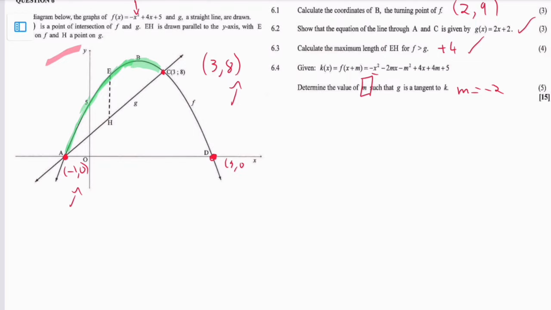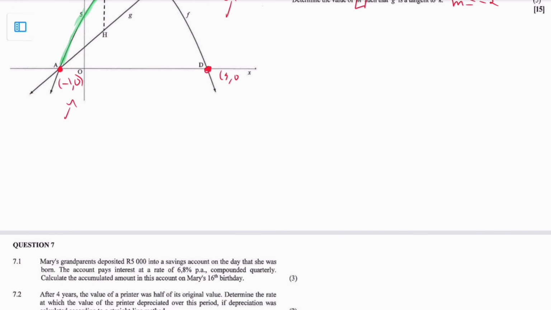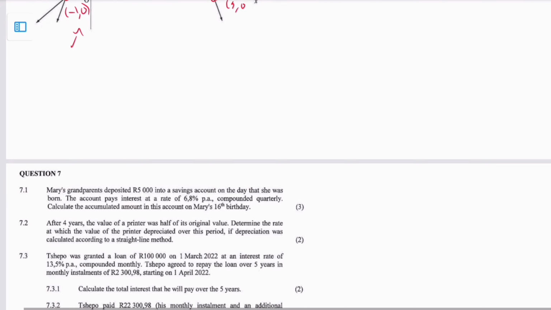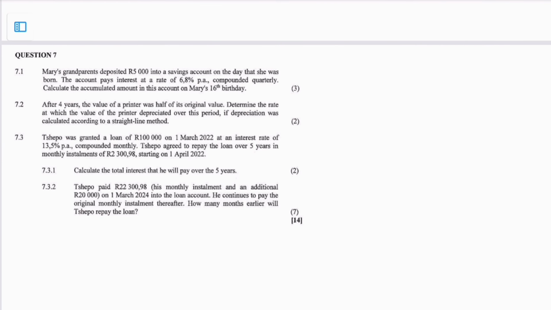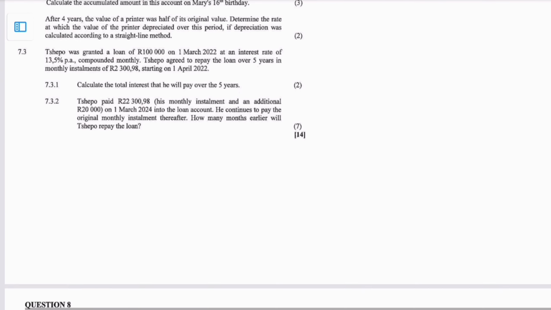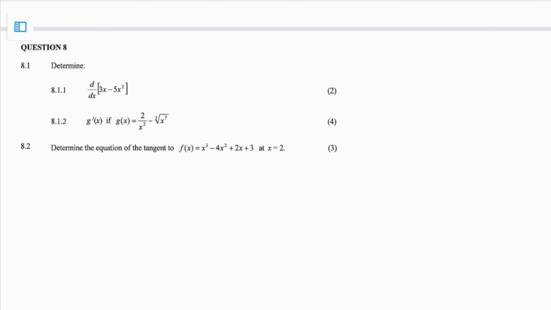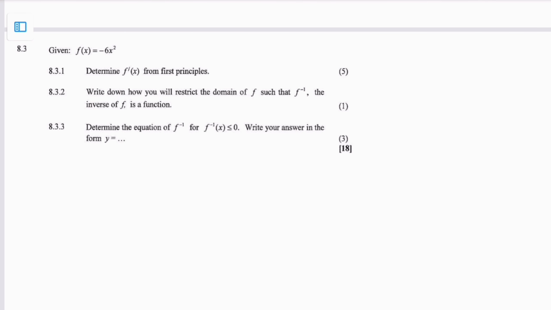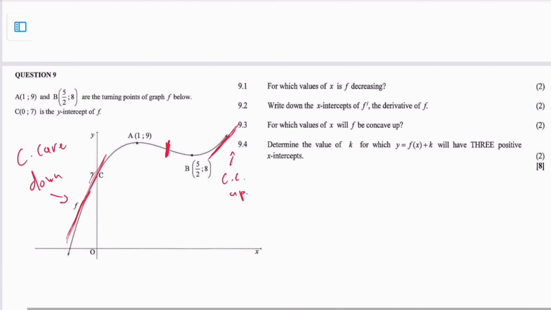So just to give you guys a preview of what I'll upload tomorrow, but you're probably watching this a week or 2 from now, or you're cramming the night before the exam, so this doesn't matter. But we'll do question 7, which is on money, time value, depreciation. We'll do question 8, some basic derivatives, equations of tangents. We'll do question 9, derivatives from first principles, that sort of thing, domains, inverses.